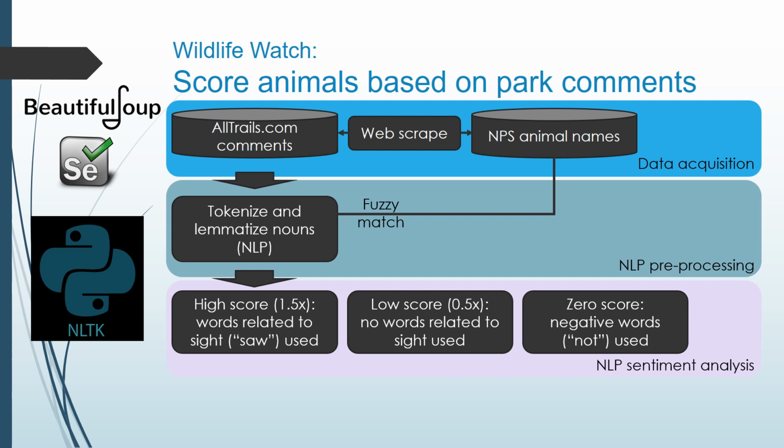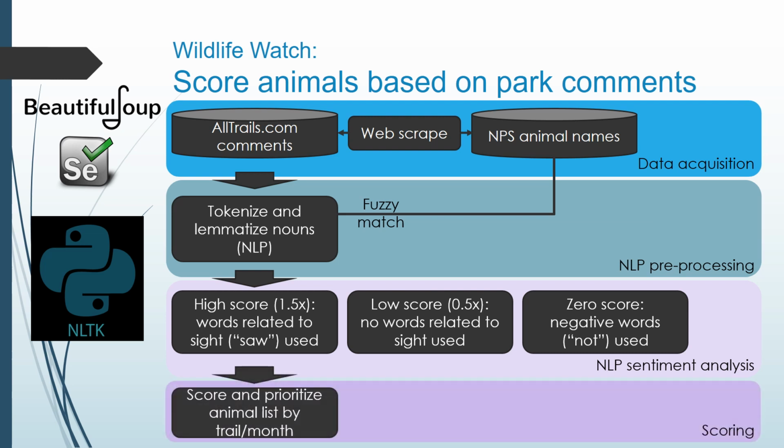So if a sentence mentioning an animal has a word related to sight, I assign that a higher score of 1.5. That's a high sentiment showing that the animal is relevant to be seen. If there are no words related to sight, then I'd only give it a score of 1. And if there are negative words saying that the animal was not actually seen, for example, I didn't see a bear, then the comment did not contribute to the score because the animal was not seen.